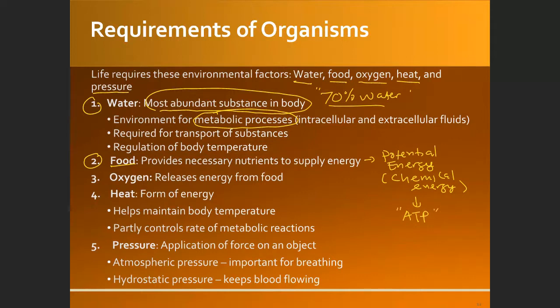ATP is the energy currency used by the cell. And then oxygen is also needed, because without oxygen we will not be able to convert this chemical energy into ATP. Chemical energy, which is glucose plus oxygen, will be converted into ATP. So oxygen is needed for humans and for animals.